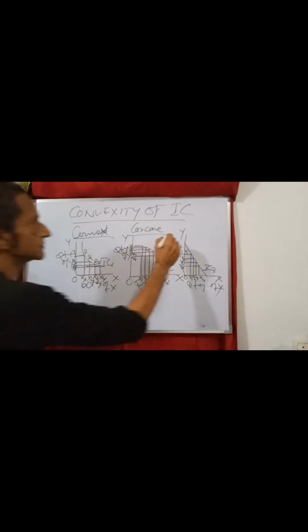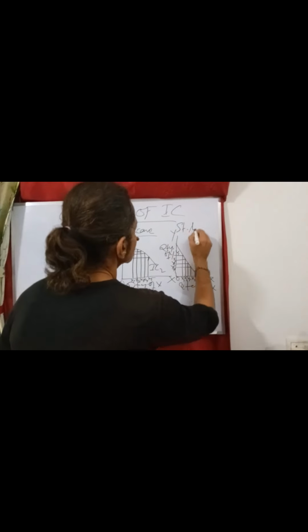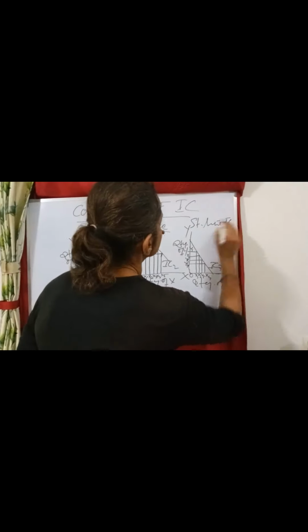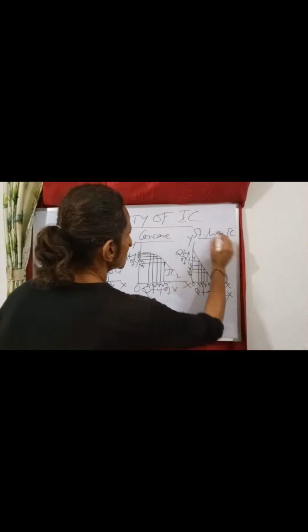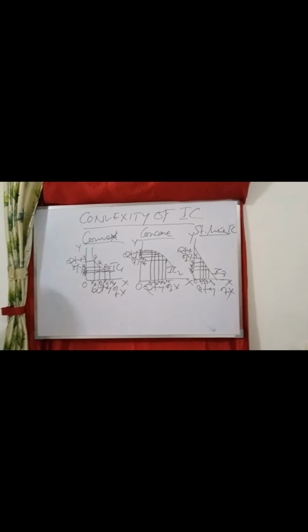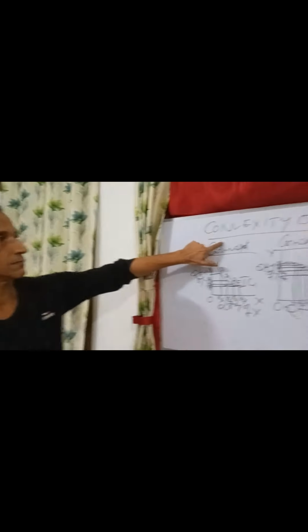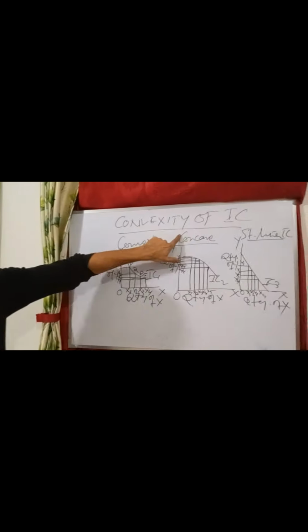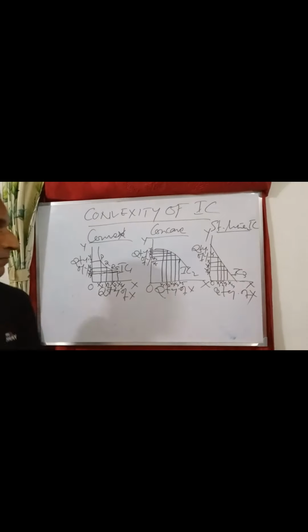This is a straight line IC. So we have drawn three indifference curves: one is the convex one, the second is the concave one, and the third is the straight line one.